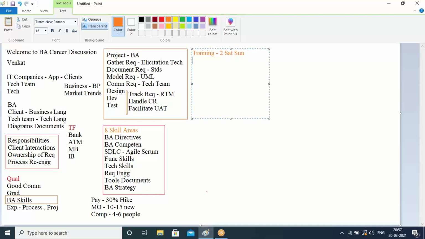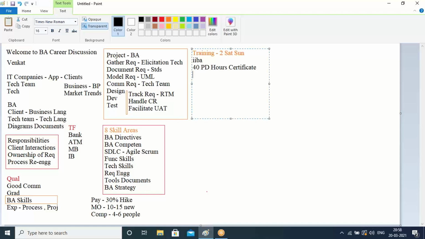And this training is endorsed by IIBA, International Institute of Business Analysis. And with this training program, you'll get a 40 professional development hours certificate. And this certificate is valid globally. Okay. Anywhere in the world, you can showcase this certificate. They recognize your business analysis knowledge.